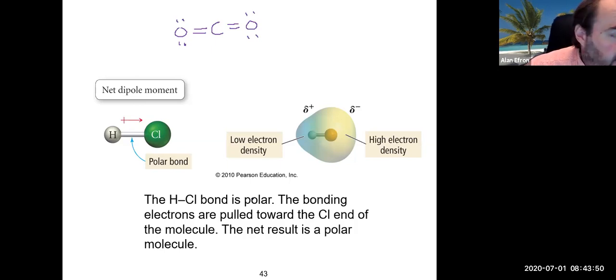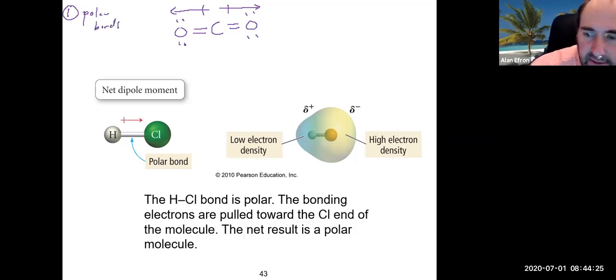And we know that because we look on the periodic table, carbon and oxygen are hanging out there in the same period. And oxygen is further to the right on the periodic table. And that means that oxygen is more electronegative. So it does have polar bonds. So if we drew those like dipole arrows, it would be heading towards the oxygen there. It would also be heading towards the oxygen there. So this guy, for the first sort of thing that you need to look at, does have polar bonds.